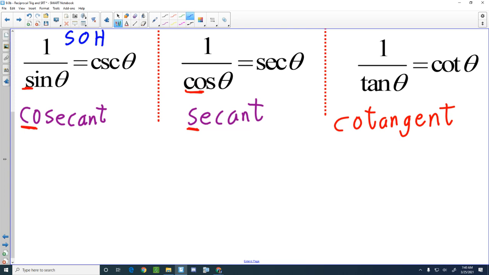Which side over which side? Yeah, you take the fraction of sine, which was opposite over hypotenuse, and you flip it. So cosecant equals the hypotenuse divided by the opposite. It's still a ratio, still a fraction. It's just the reciprocal of it. You're just swapping the numerator with the denominator.